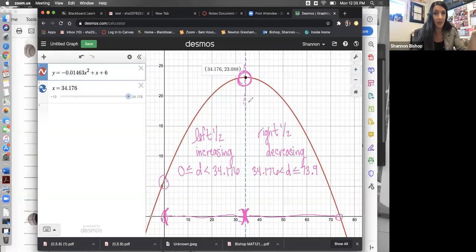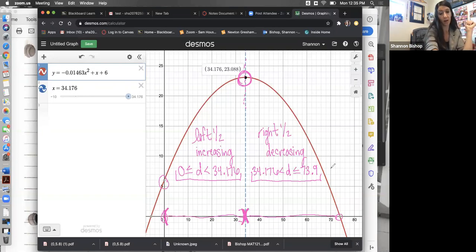But at that exact location of the vertex, you are neither increasing nor decreasing. And that is why we do not include the equal to bar on that number. So your intervals are always inequalities, always, always inequalities. And for this particular shot put problem, those are the two inequalities.